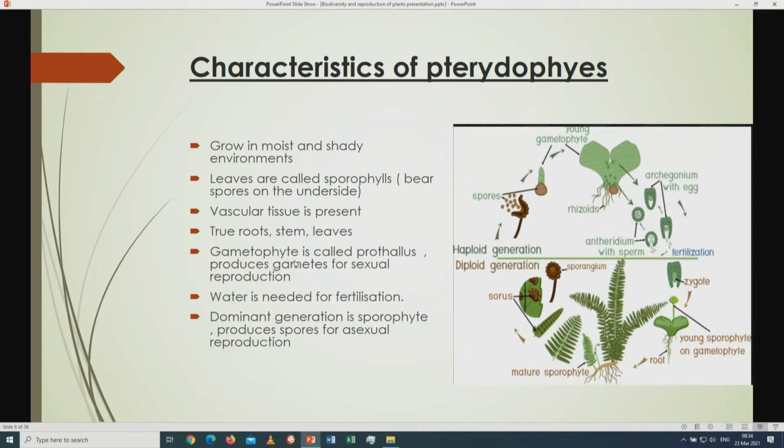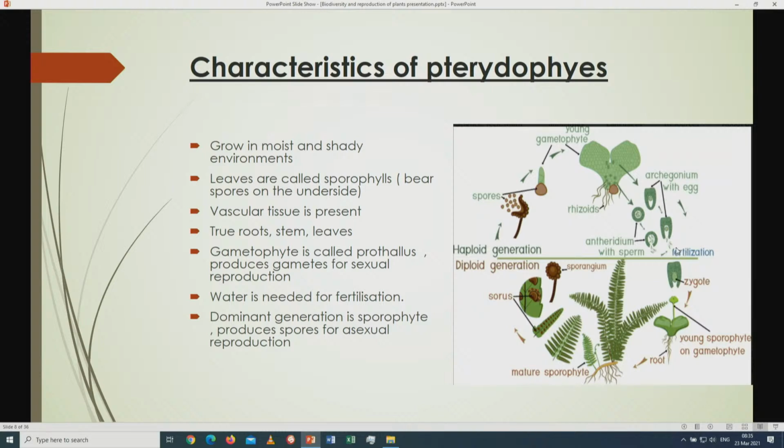It has the gametophyte, which is called a prothallus. It produces gametes for sexual reproduction. This structure, which is called a prothallus, has the antheridia, which produce the sperms. It has the archegonia, which produce the eggs for fertilization.